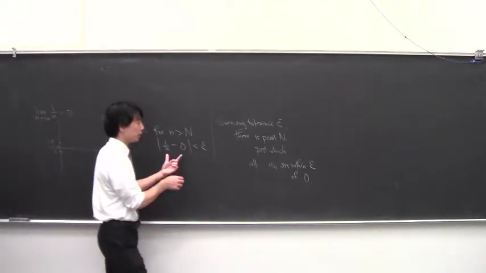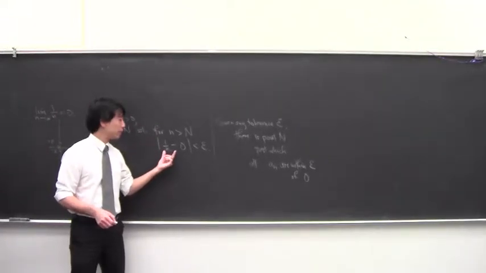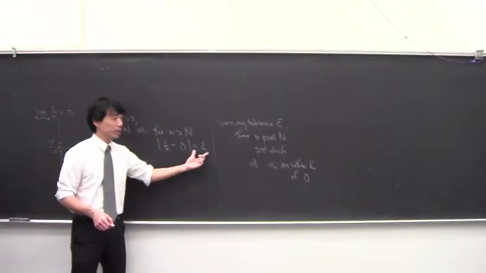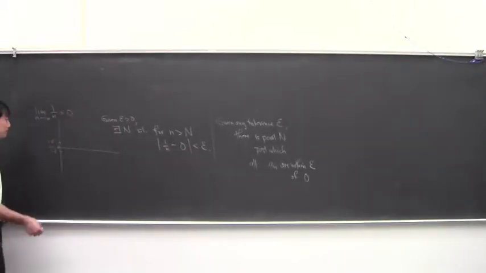So these are the a sub n's, and we're saying that the a sub n's are within epsilon of 0.